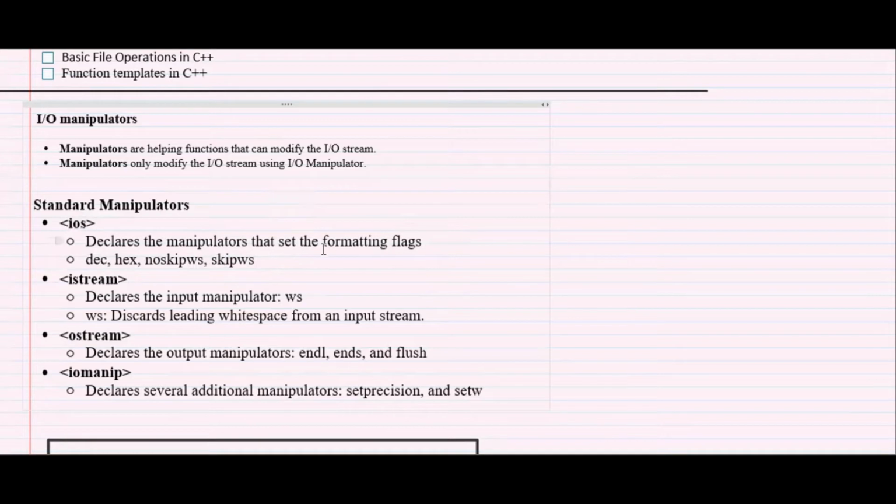So this class declares the manipulators that set the formatting flag. It means this class is responsible for your output formation, how you want to modify your output, how your output should look.